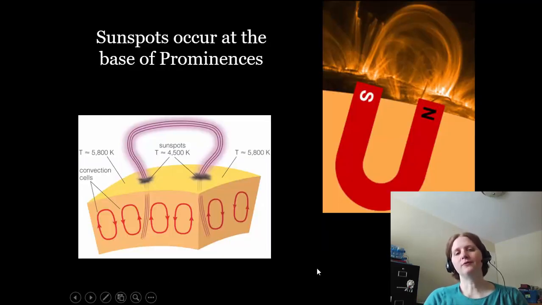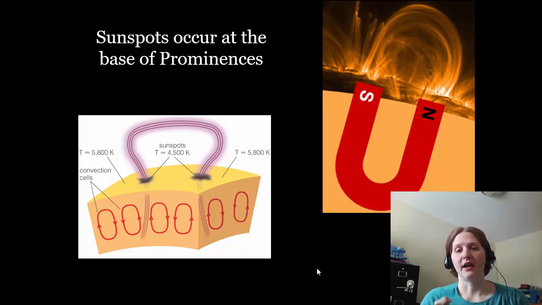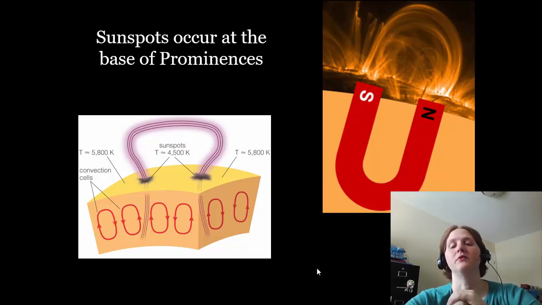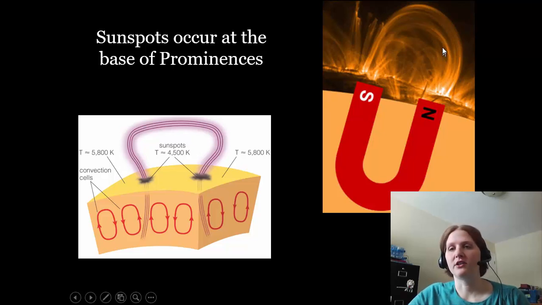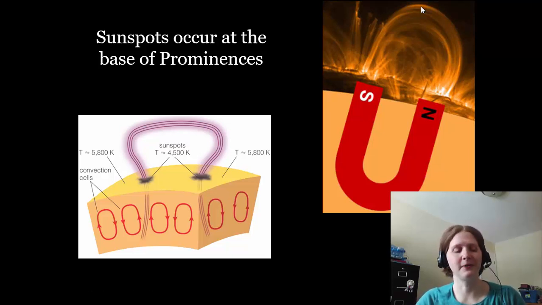Right. So those knots of magnetic field that pop out of the surface of the sun when there's a lot of pressure are visible in the ultraviolet or the X-rays. So here's a picture of one of them. That's a magnetic field that pops out of the surface of the sun, and the magnetic field can trap hot ionized gas in it, so it can trap the plasma.